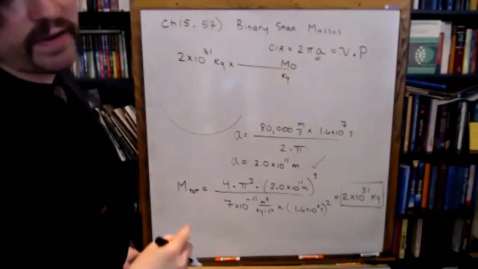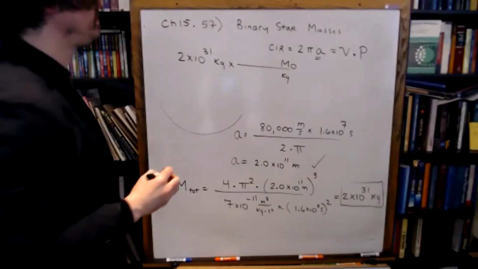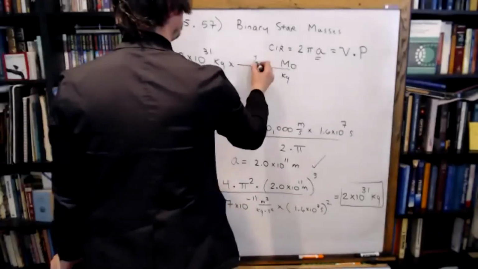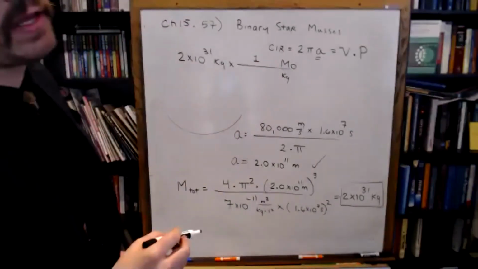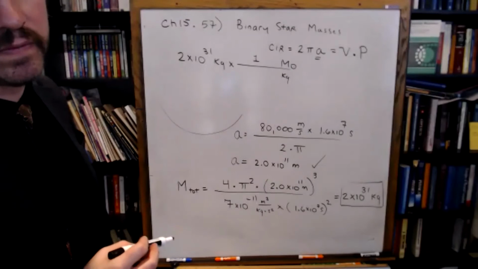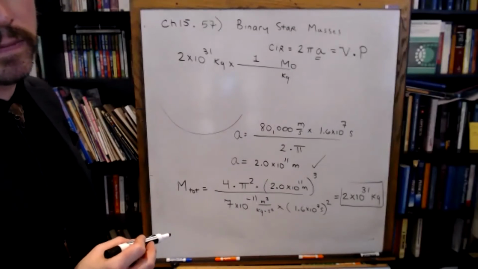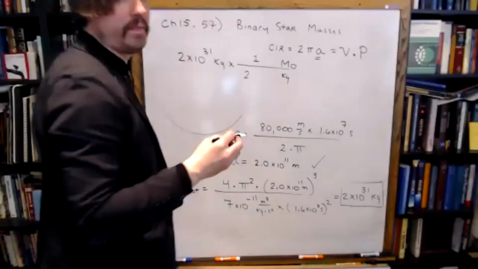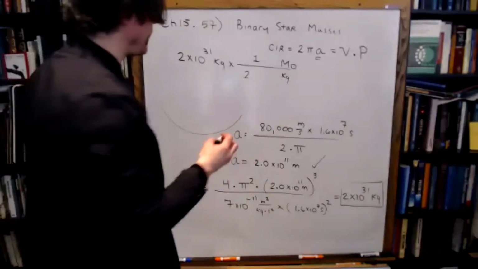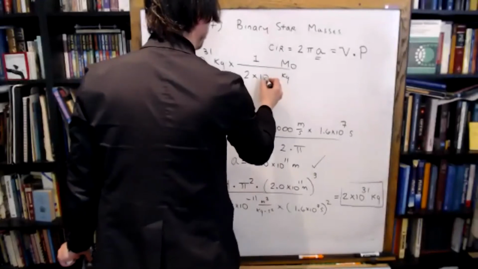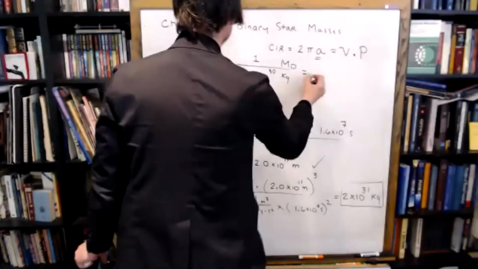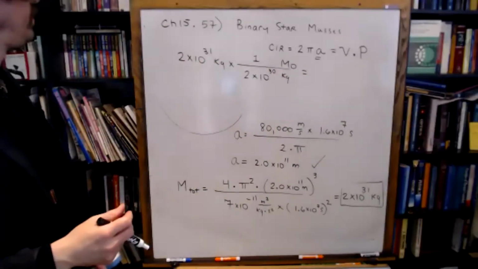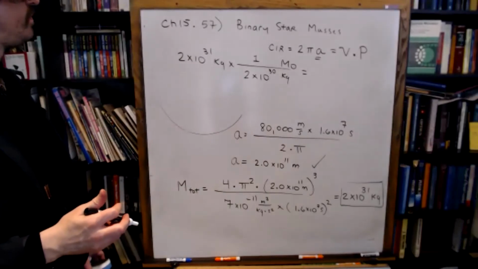What's the mass of the sun? How many kilograms does the sun equal? 2 times 10 to the 30th kilograms. Thank you. So how many solar masses are we talking here? 10.